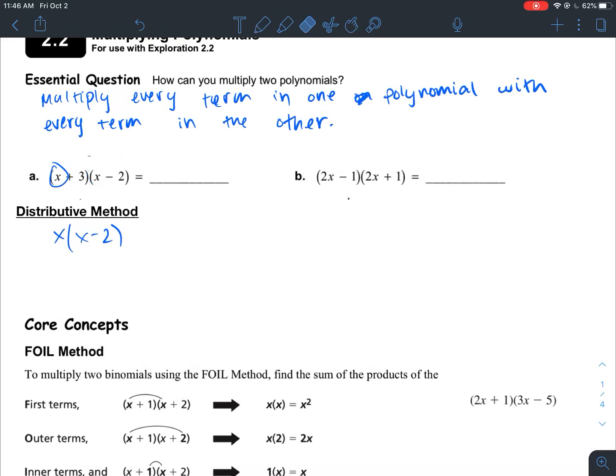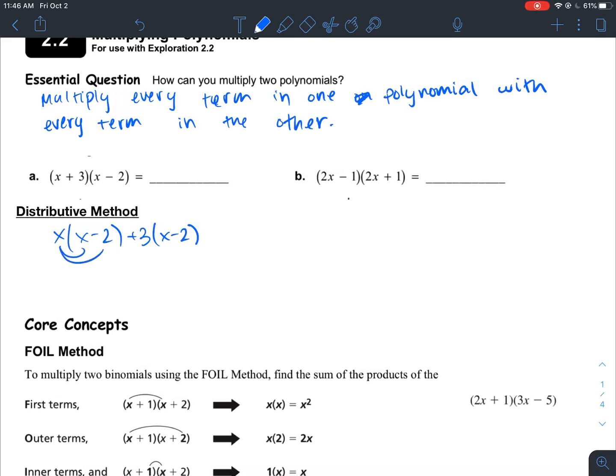Then we take this plus 3 and multiply that with that polynomial. We take the other term and multiply it with the entire polynomial, and then we distribute, hence the distribution method.